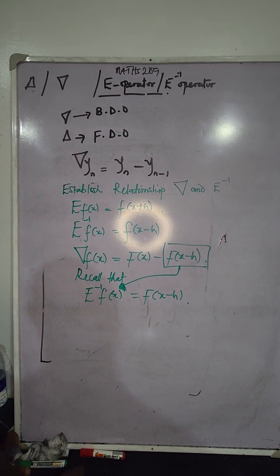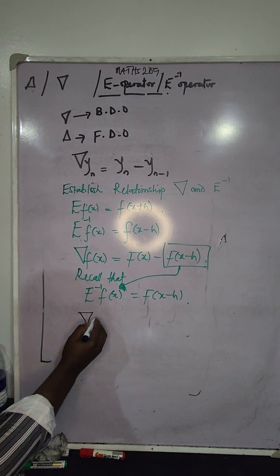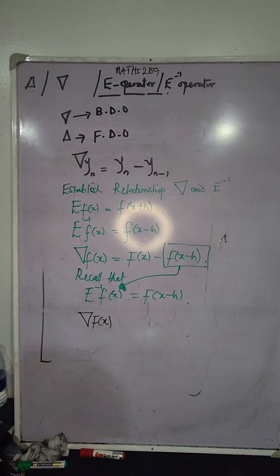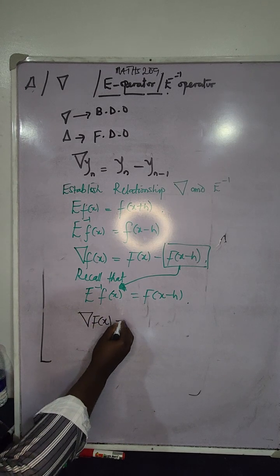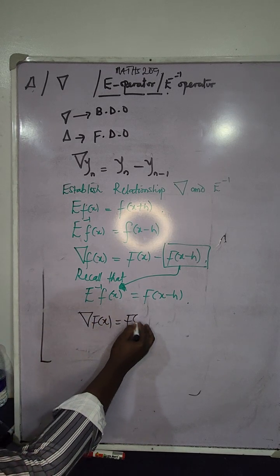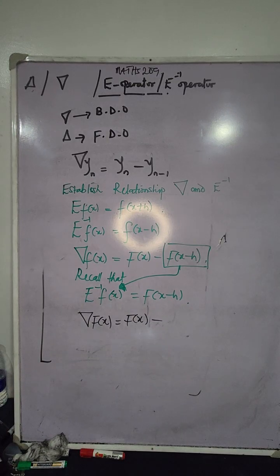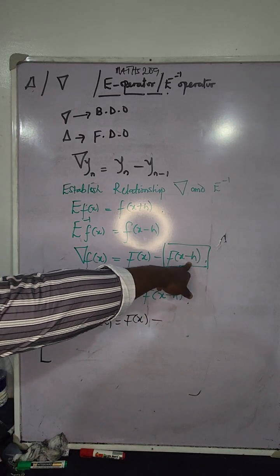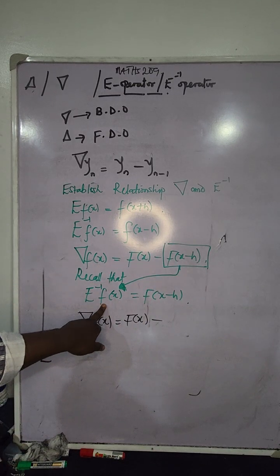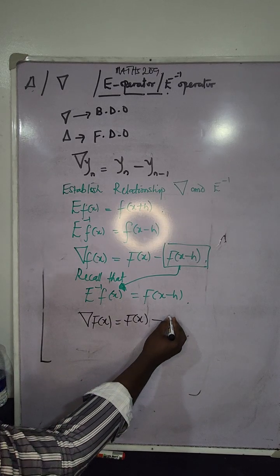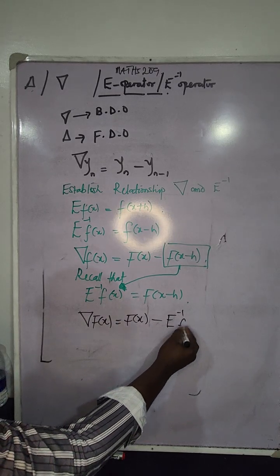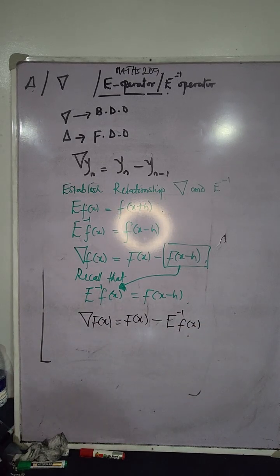When I replace that, the backward difference of f of x is equal to f of x minus, not f of x minus h, but E inverse of f of x. Did you see that?